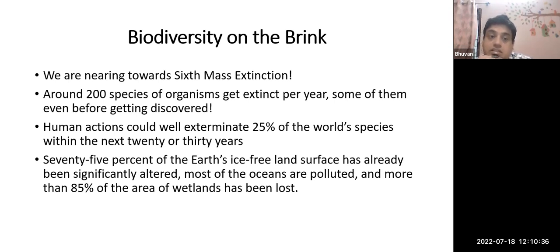According to one estimate, 200 species of organisms go extinct per year, and some of them might go extinct before they are discovered or known to the scientific community. And there are n number of reasons, because of human activities, pushing 25% of the world's species towards extinction within the next 20 to 30 years.